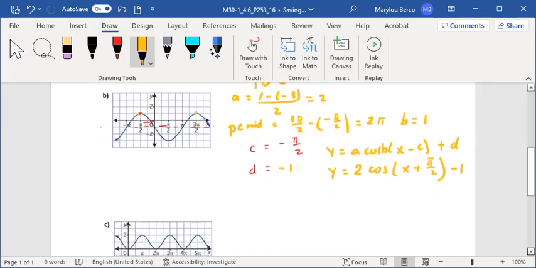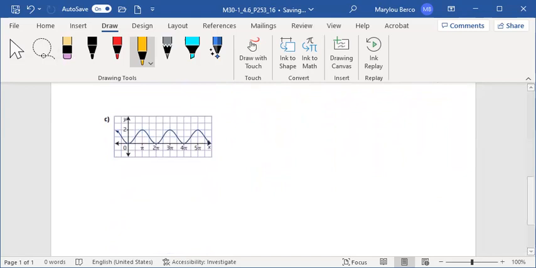Okay, take a look at the last one. If we take a look, the amplitude is equal to max minus min divided by 2. The amplitude is 1. The period, we can go from here to here.